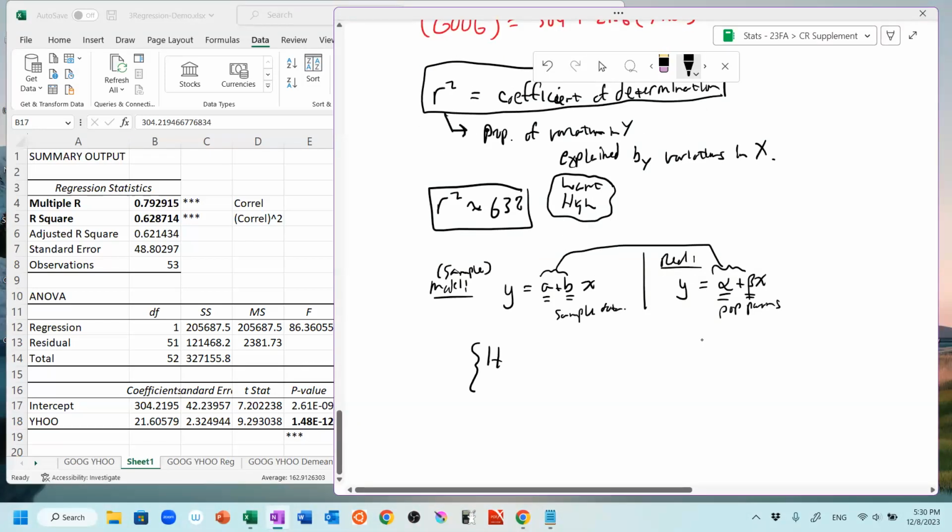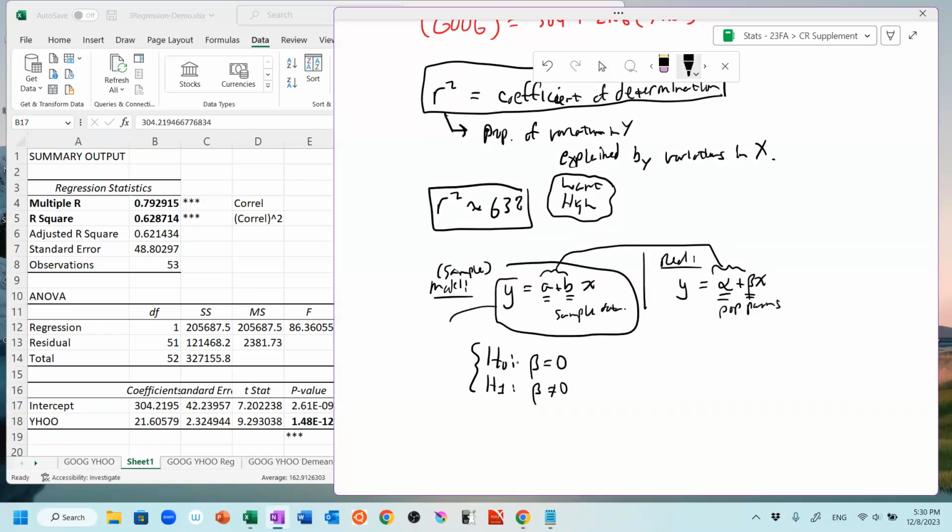My hypotheses that I'm talking about here are about beta. On the basis of this sample information, do I think that beta is 0 or do I think that beta is non-zero?